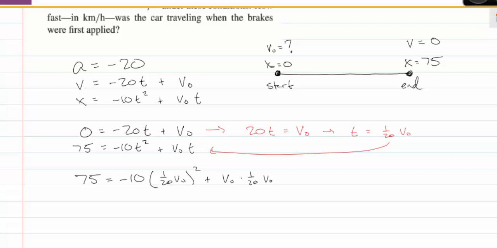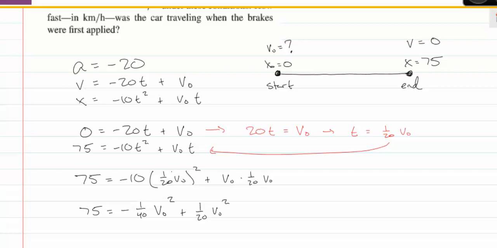Okay, so let's see, negative 10 divided by 20 squared. So we're going to have 75 is negative 1/40th of v naught squared, plus 1/20th v naught squared.